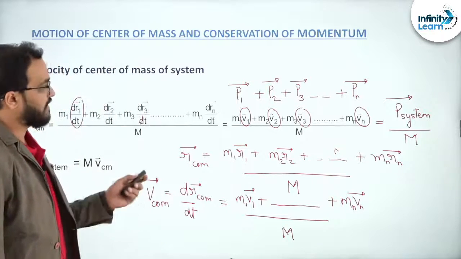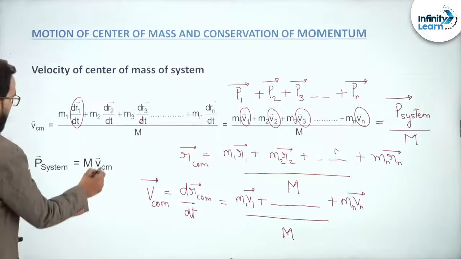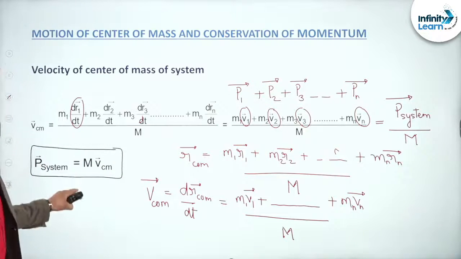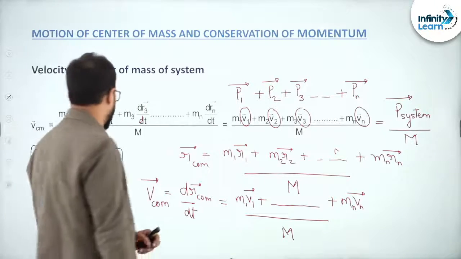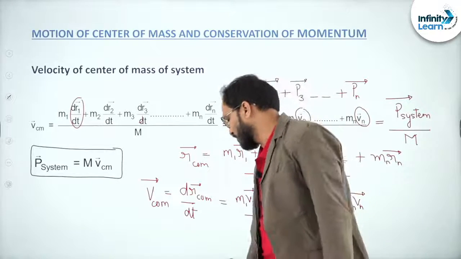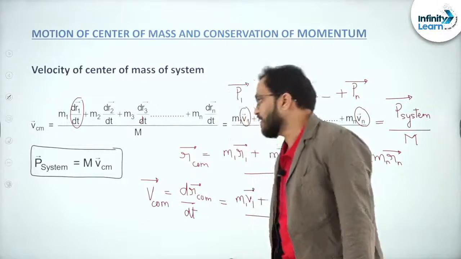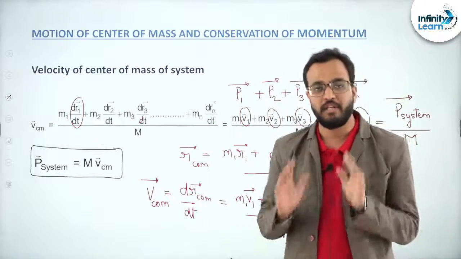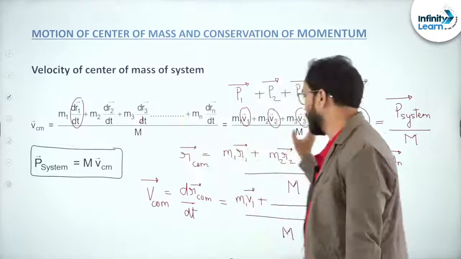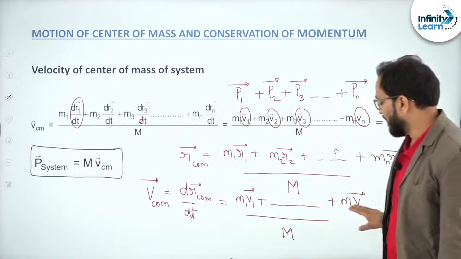So finally I can say that momentum of the system becomes equal to mass times velocity of the center of mass. Okay, momentum of the system is equal to mass times velocity of center of mass. Now from this particular statement, there are two things to be learned. Number one is how to find out the velocity of center of mass. With this formula we can find it out.